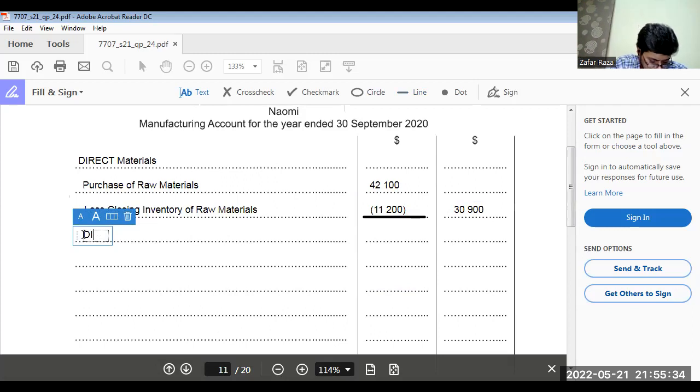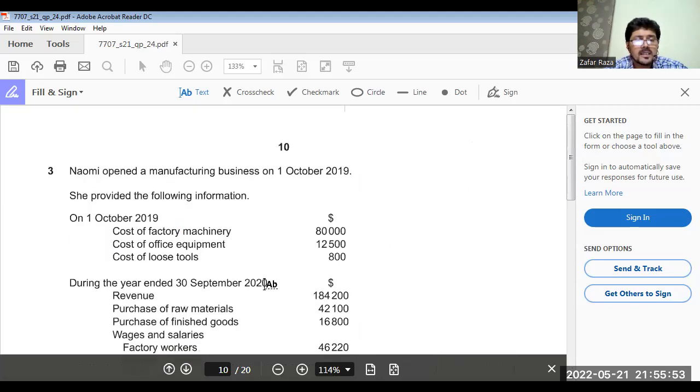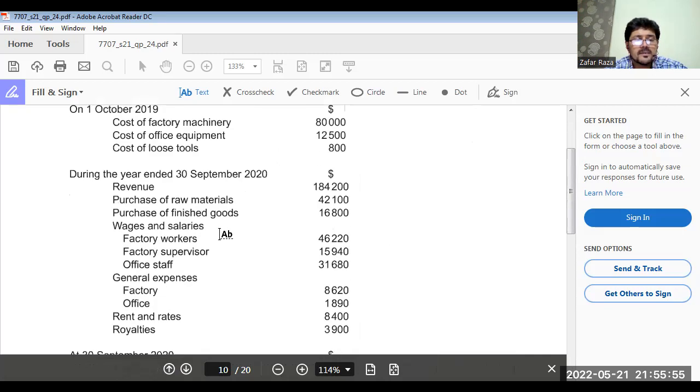Direct labor. What about the direct labor? We have to go back. This is factory workers, 46,220. Yes, this is direct labor.